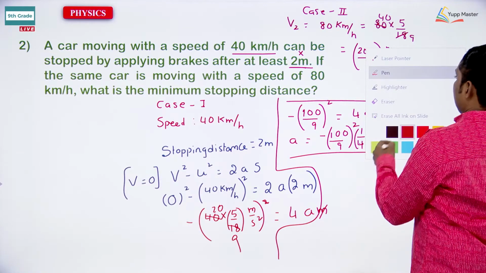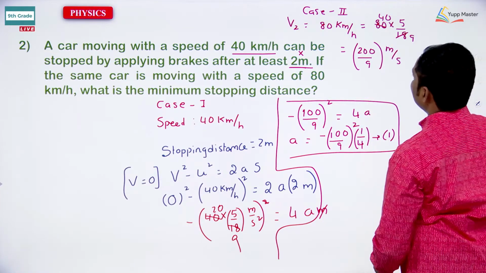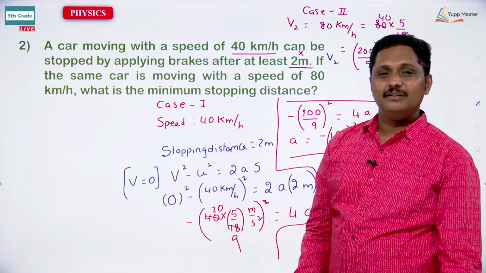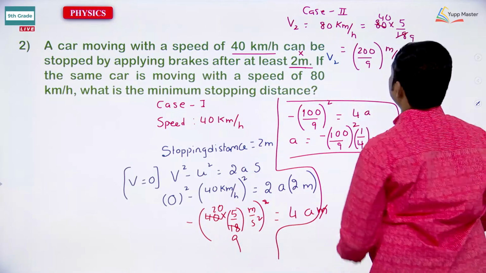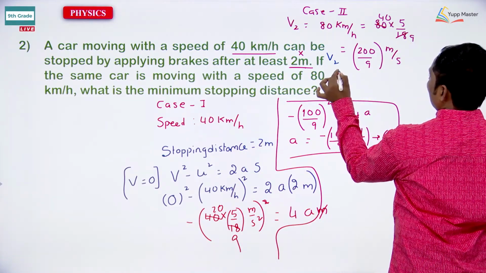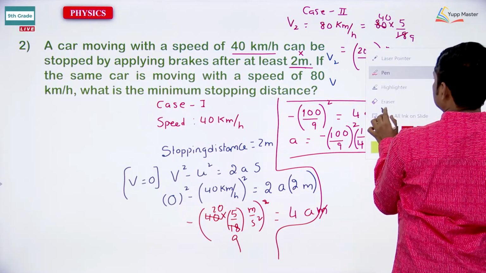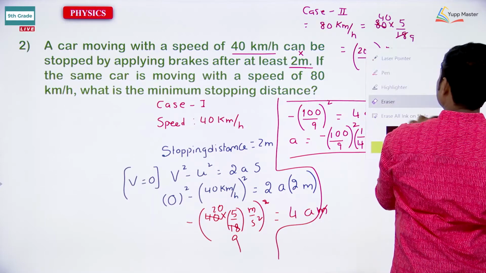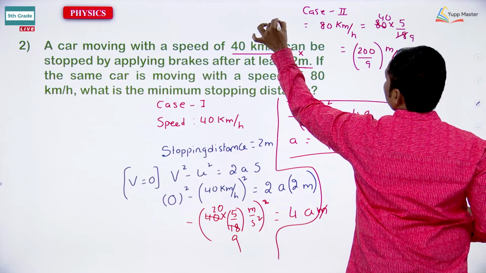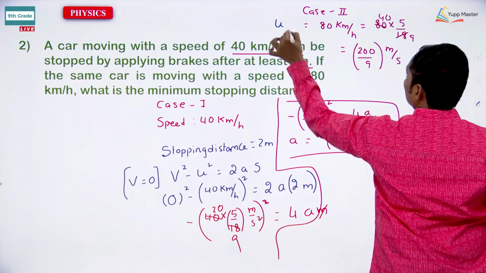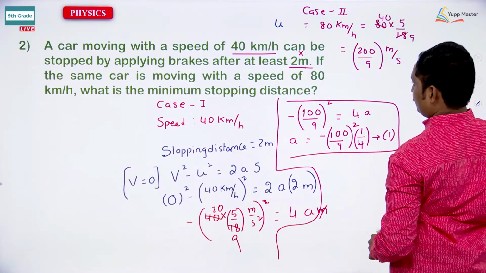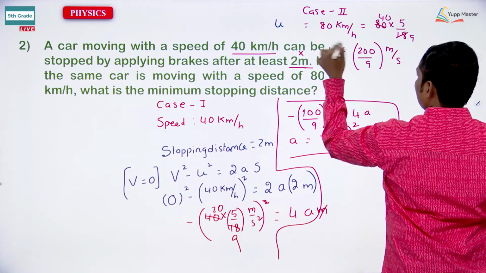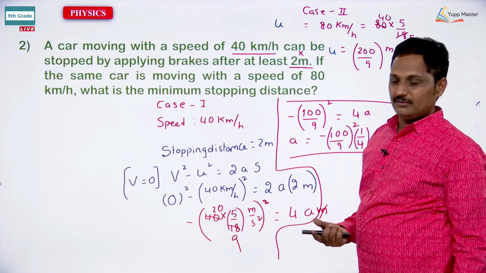Let us go for this calculation, this is V2. Now we are going to take that equation of motion, it is moving, this is going to be u. You will apply that equation for the second car, that is, for case 2.